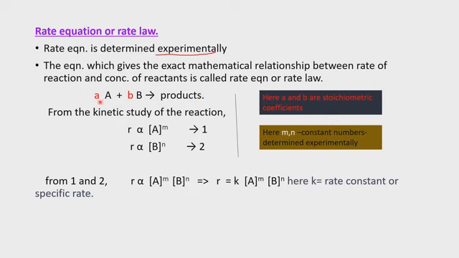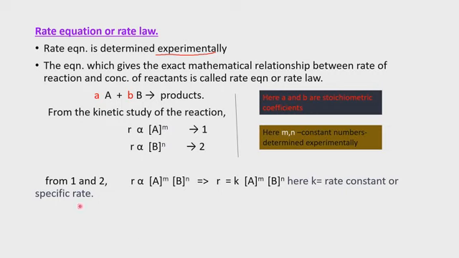Here this A and this B, small a and small b are stoichiometric coefficients. From the kinetic study of the reaction, rate R is directly proportional to the concentration of A power m, and directly proportional to B power n.